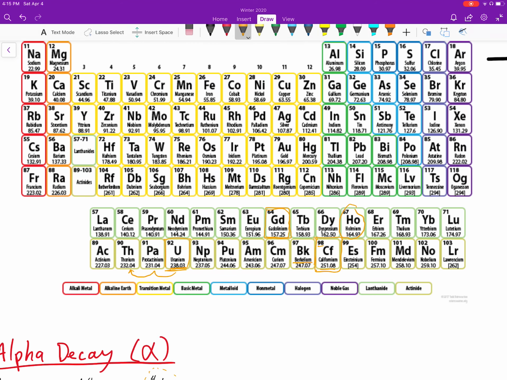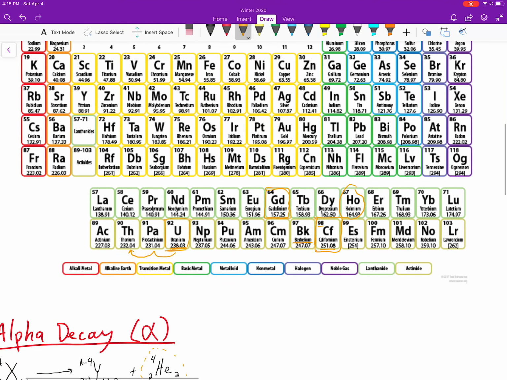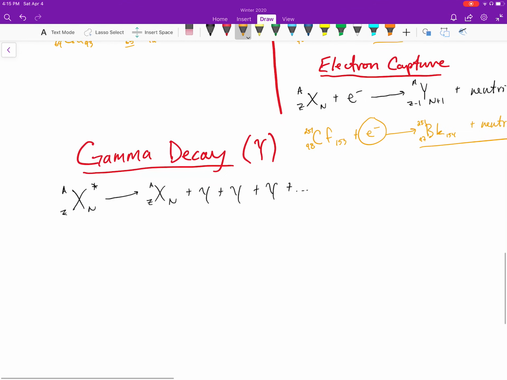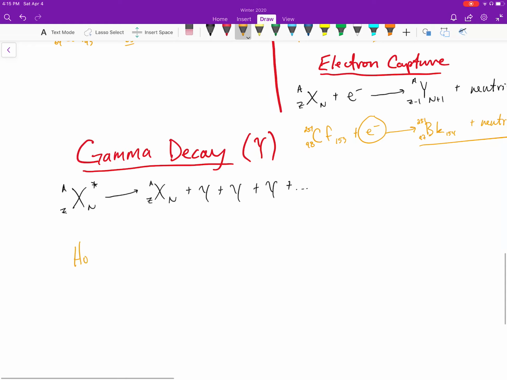I'm picking all these elements I've never even practiced with. Holmium 165, 67, which means that there's 98 neutrons, right? And then the asterisk here just means that the element is in an excited state. It has energy stored up in it.